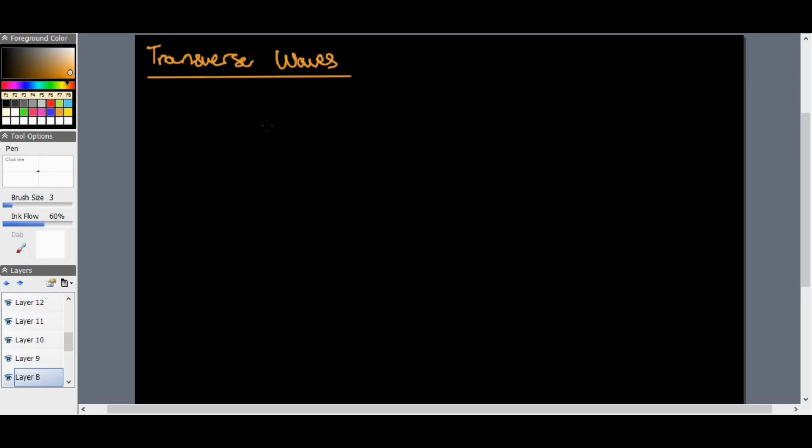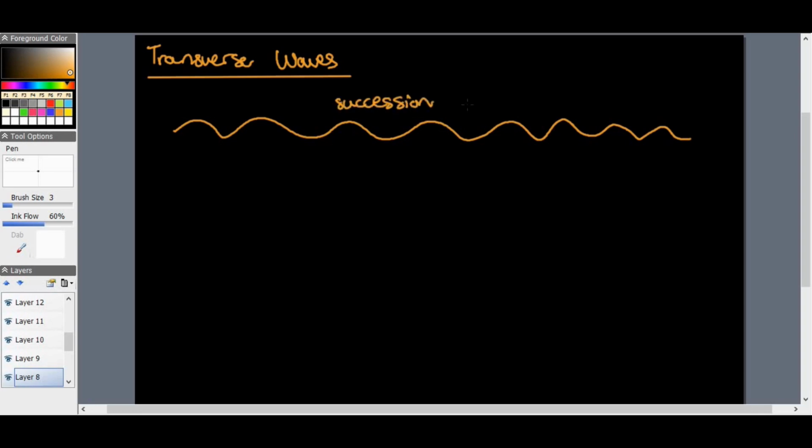What a succession of transverse pulses basically means is that they follow on from each other. There's a poor but graphic representation of a succession of transverse pulses.